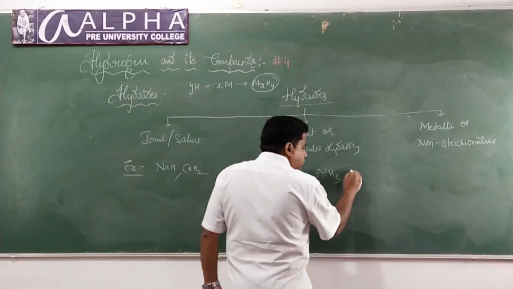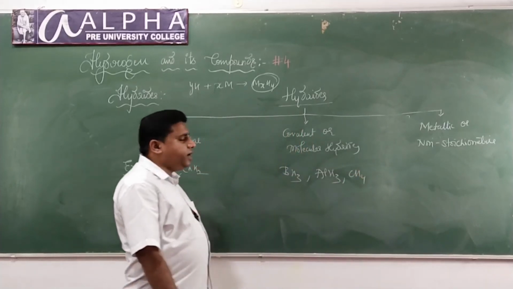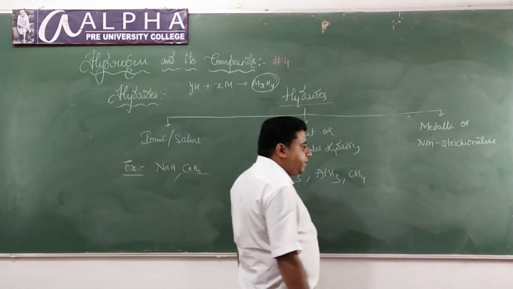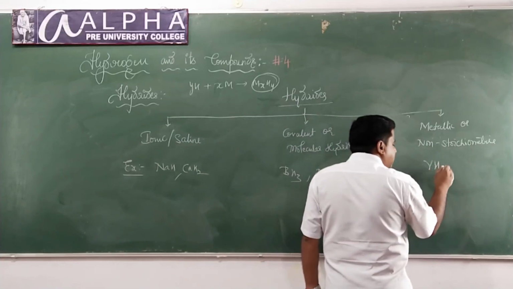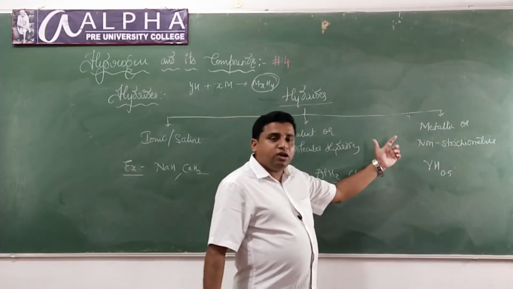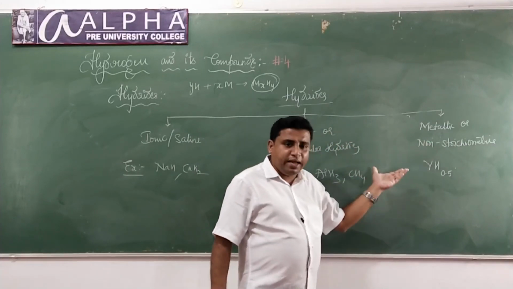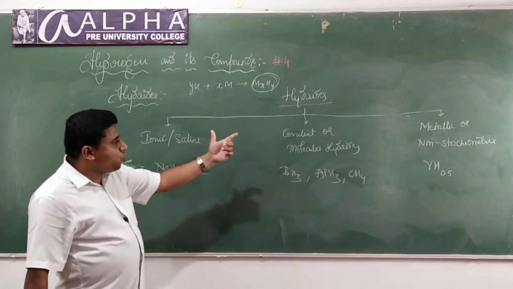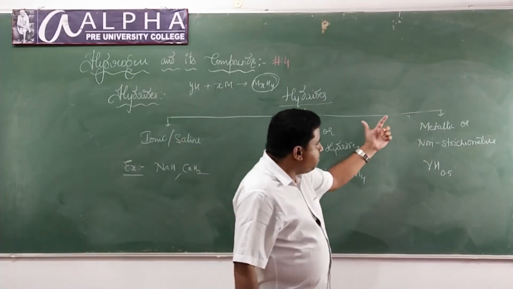Methane is a covalent or molecular hydride. Next, metallic or non-stoichiometric hydrides: for example, vanadium hydride VH0.5. They are non-stoichiometric.